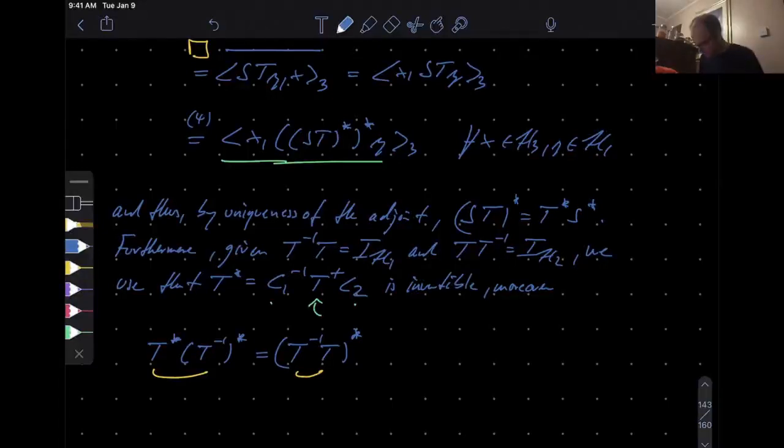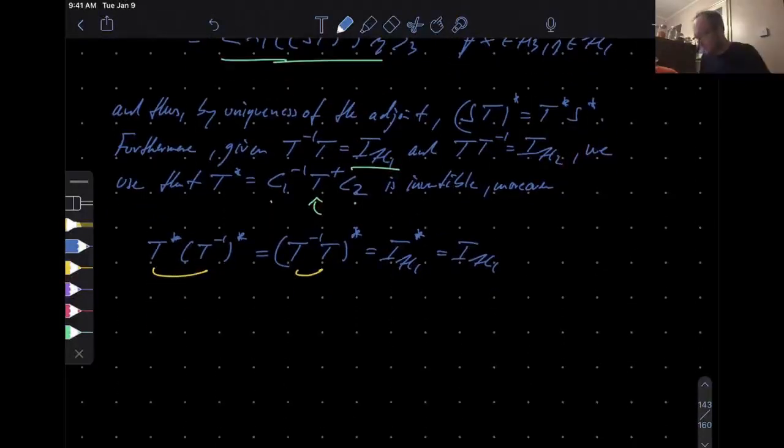And then T inverse T is the identity on H1, okay? So now you have the identity on H1, but you can clearly convince yourself by looking at that yellow box that the adjoint of the identity is the identity itself. So there's no surprise here. And a similar thing happens for T inverse star, T star.